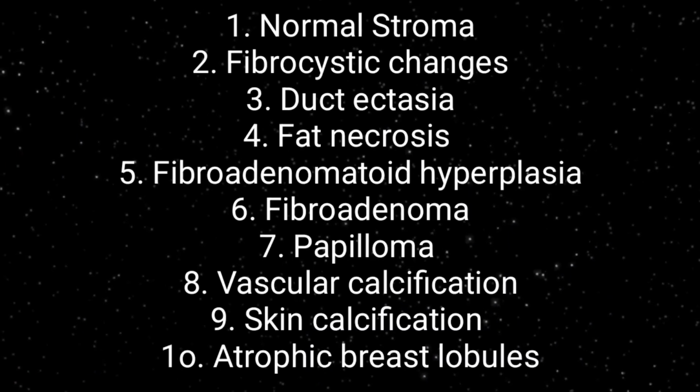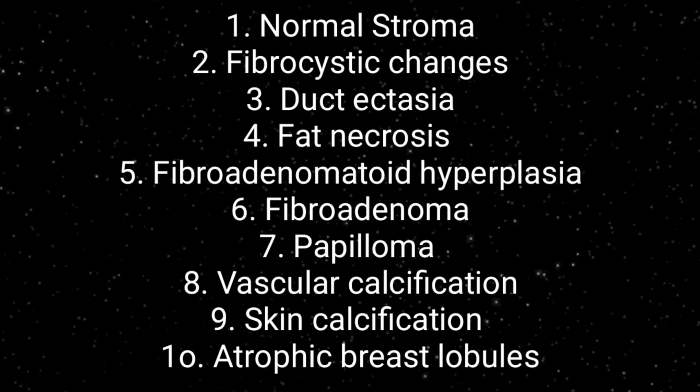On mammographic imaging, calcifications happen to be either benign or malignant. Today I'm going to discuss the benign small calcifications on mammography. Before looking at the images, first we have to look at the reasons and causes of these small calcifications on the breast mammogram.